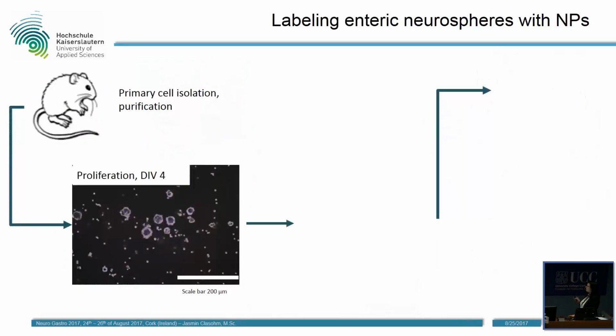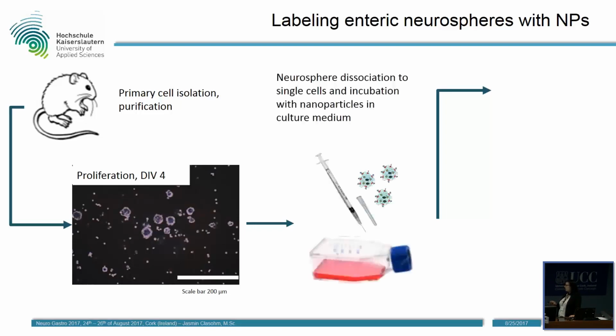How were the cells or the neurospheres labeled in this work? We started with the isolation of primary myenteric plexus nets, cultivated them, and proliferated them for 4 to 5 days to generate the neurospheres. After that, we dissociated the neurospheres into single cells.